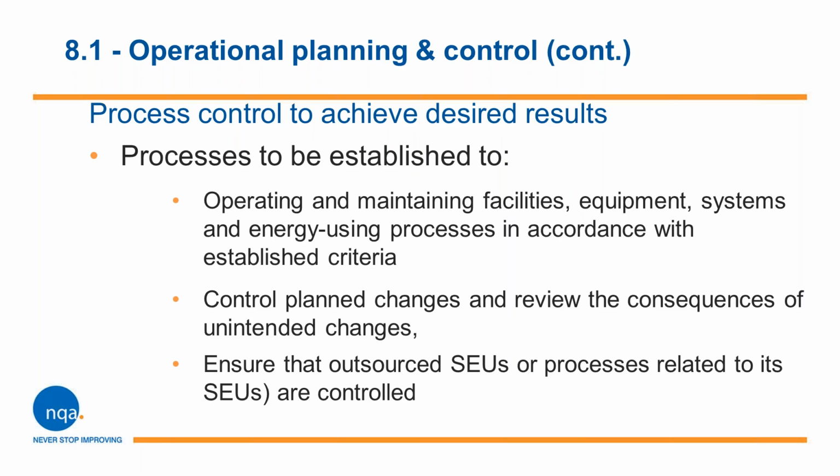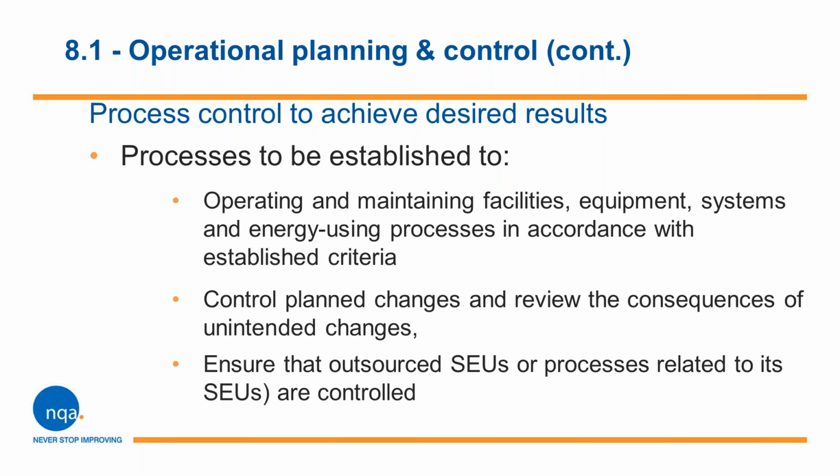Now, an outsourced process has been defined specifically outside of 14,001, but has been defined by the committee that manage 14,001. And an outsourced process is not a supplier. An outsourced process is where something is carried out usually on your premises, but by a third party. So for instance, one of the examples I always quote is a number of large warehousing organizations that I visit have a maintenance facility for their forklift truck.